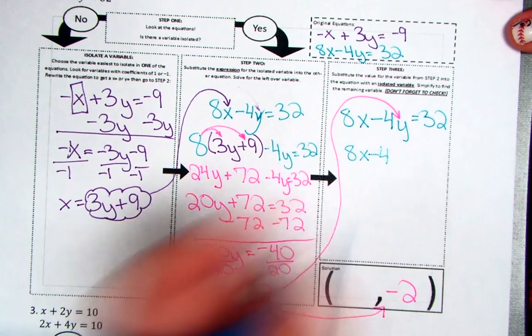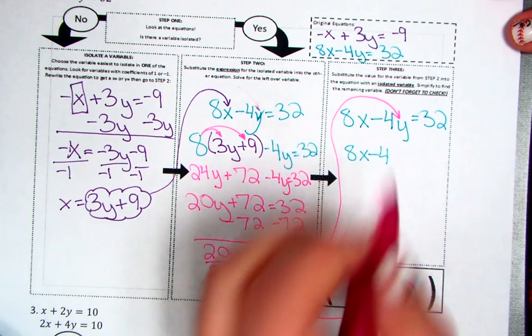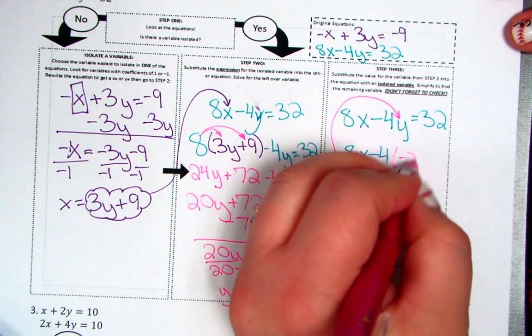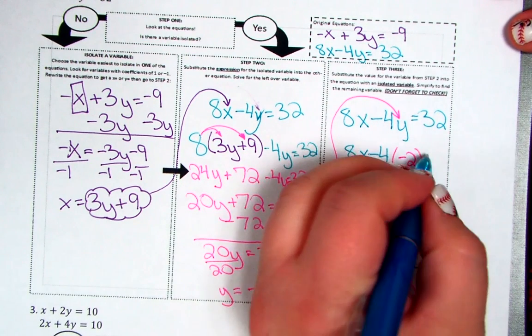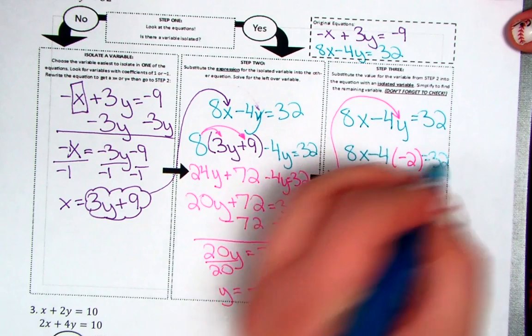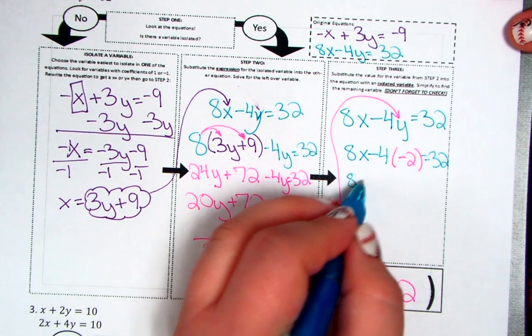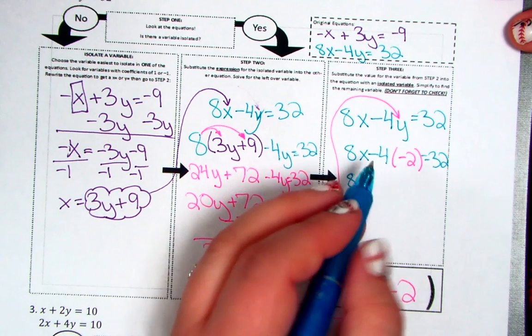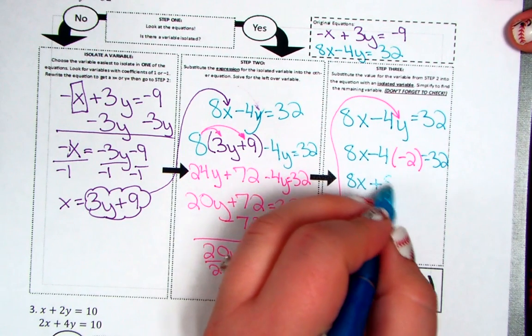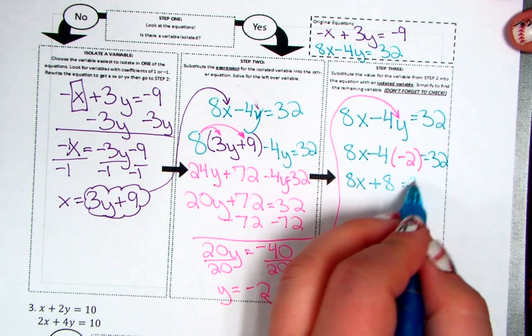8x minus 4 times negative 2 equals 32. 8x minus 4 times negative 2 is plus 8, equals 32.